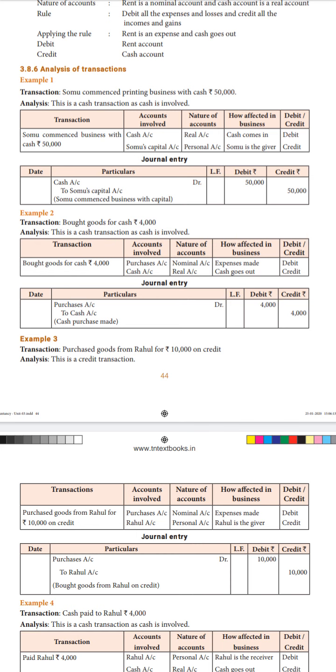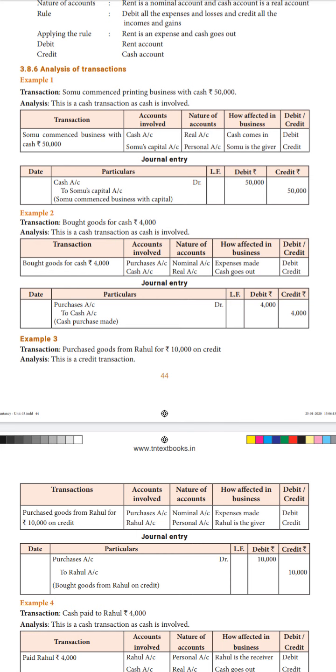The next one is the second transaction: bought goods for cash rupees 4,000. This is again a cash transaction because the word cash is there. Bought goods means purchase. So here the two accounts involved are purchases account and cash account.